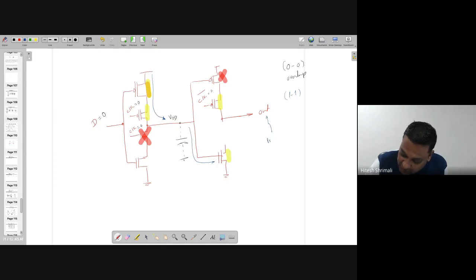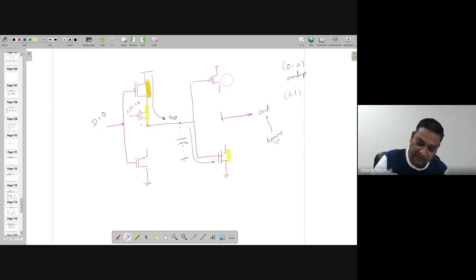So D is not equal to out when there is a 0-0 overlap. But when it's absolutely clock equal to 0 and clock bar equal to 1, the output will be the one which you want. That is what happened over here.